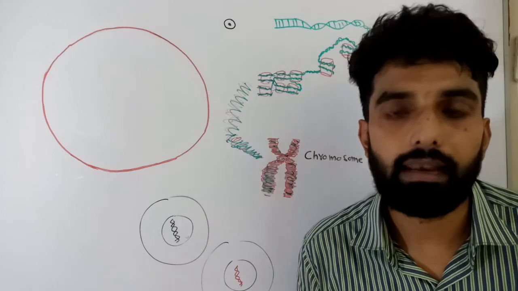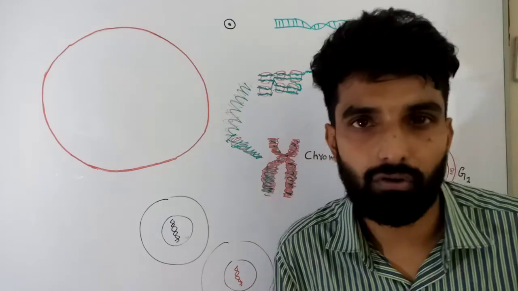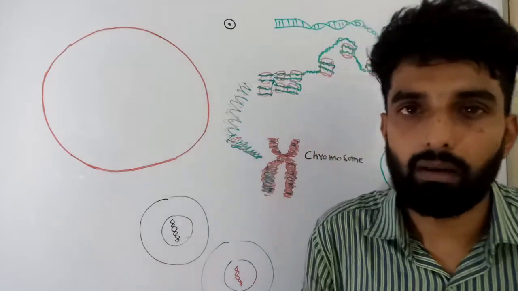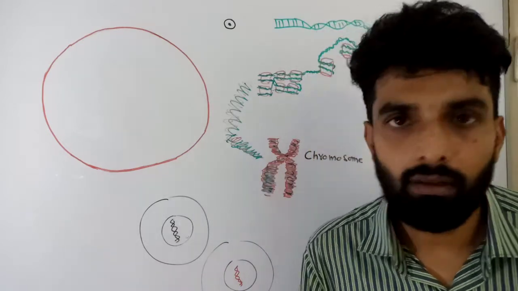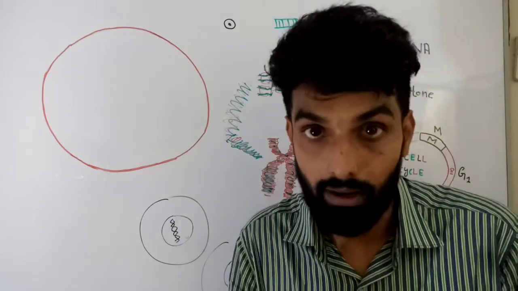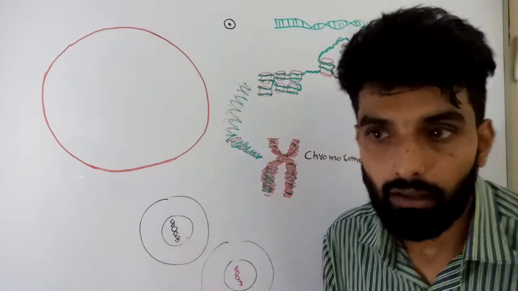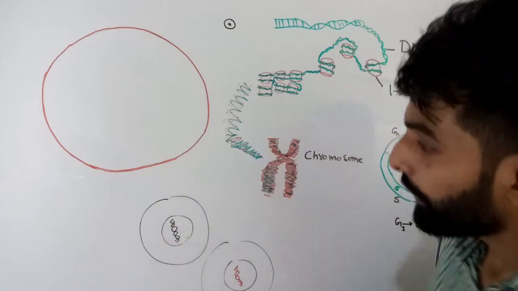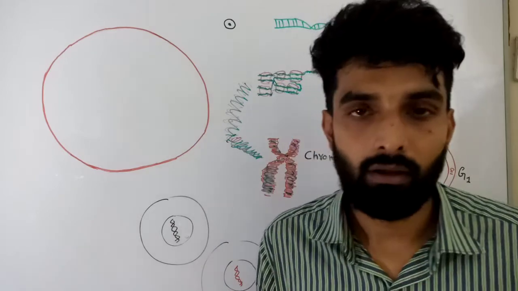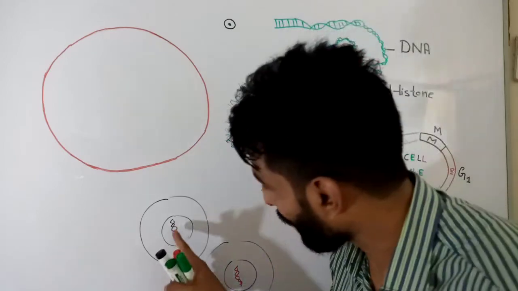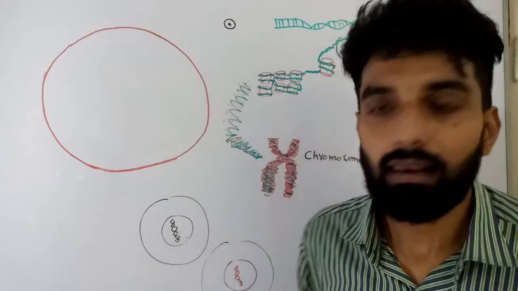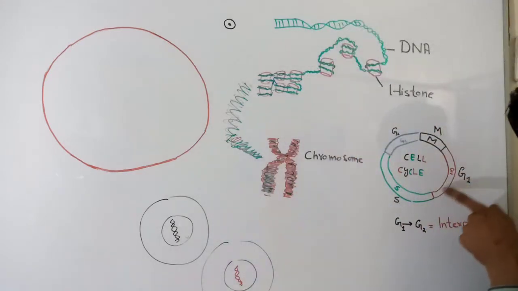And for the replication, we need specific enzymes: DNA polymerase, helicase, ligase, nuclease, and some protein factors are required for the replication of DNA. So when our cell is producing those enzymes and proteins which are required for DNA synthesis, we say that our cell is in G1 phase.